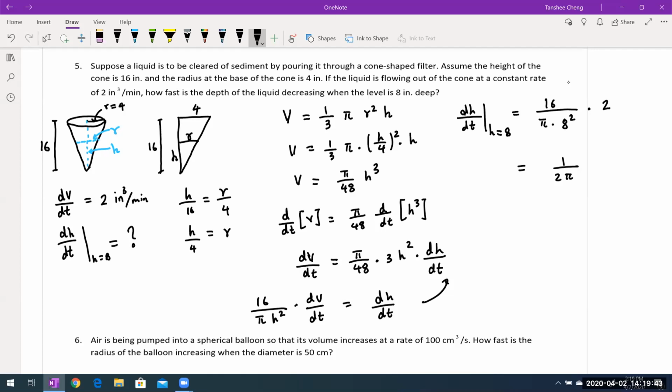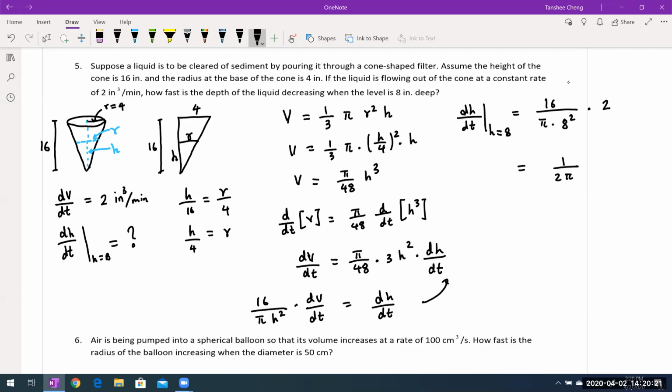Now, notice that in this problem, I'm not sure you guys thought about this or not. In the beginning, I never put a negative sign when I mentioned that the volume is decreasing, that the volume is leaking out, flowing out at the rate of 2 inches cubed per minute. I never indicated that with the negative sign. So when I got my result at the end, notice that I got a positive value, 1 over 2 pi.